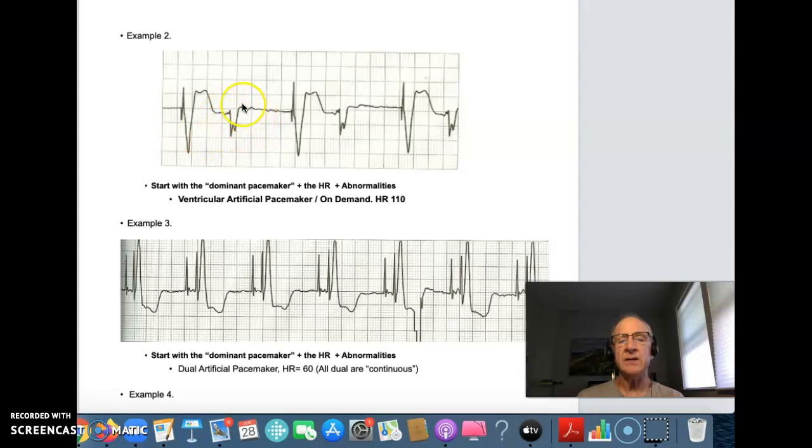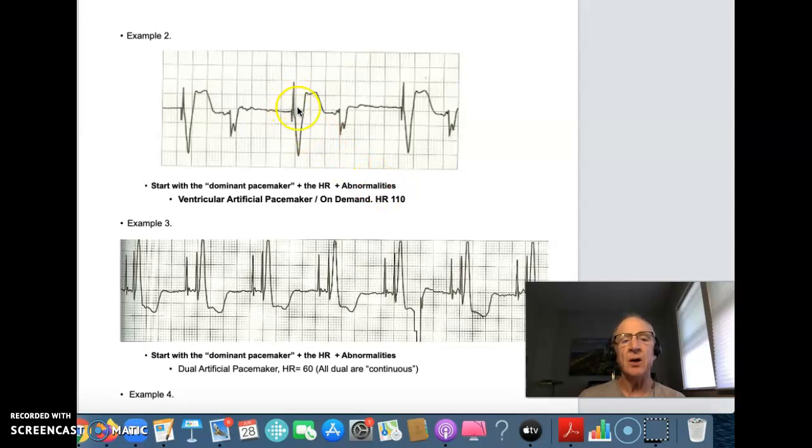This is a beat just from the heart. It's a normal, spontaneous, intrinsic beat from the heart, followed by another pacemaker beat. So the answer to this particular question is that it's a ventricular artificial cardiac pacemaker, but it's on demand. It's not beating all the time. It just has to beat when it needs to. And again, heart rate is roughly about 110, 100.